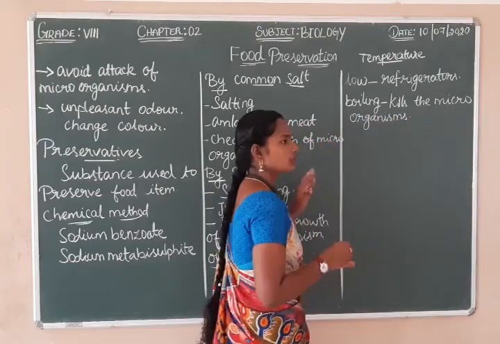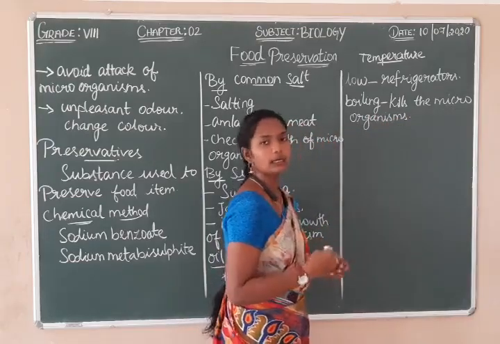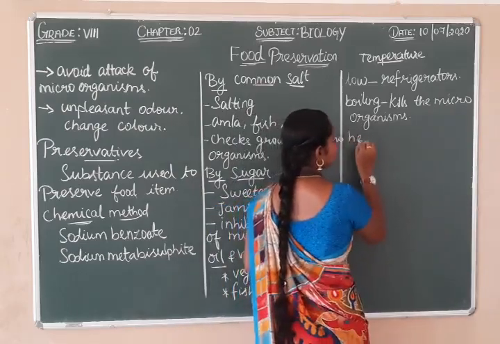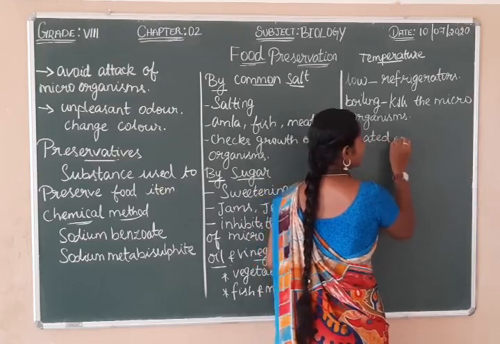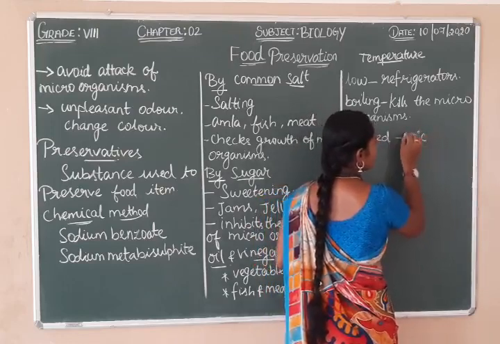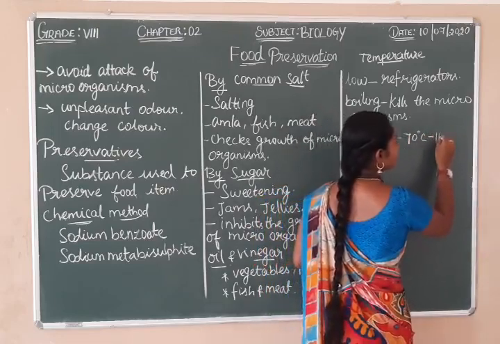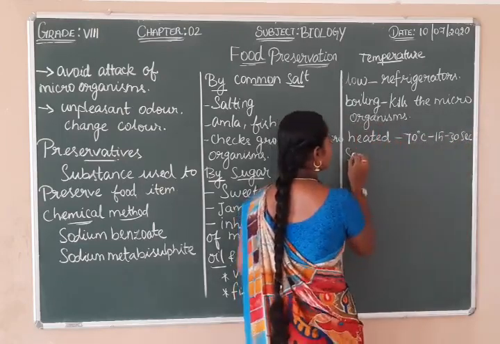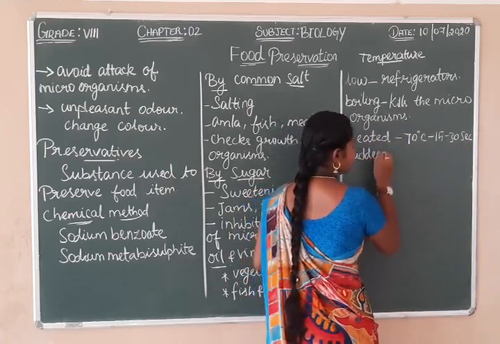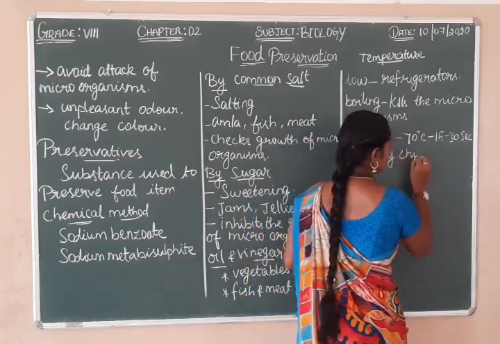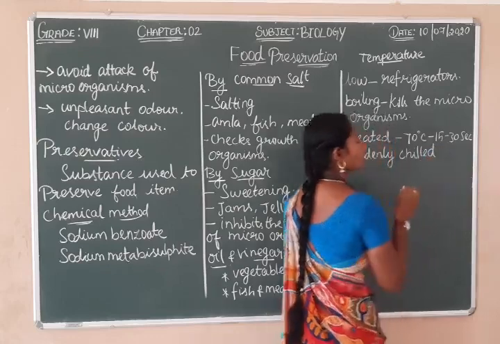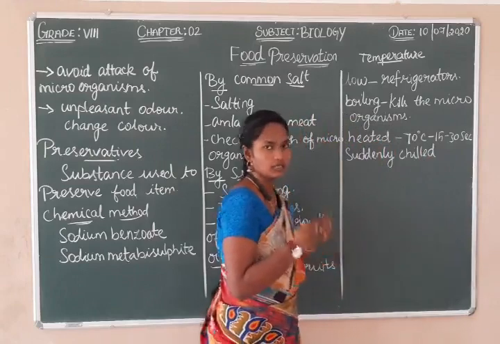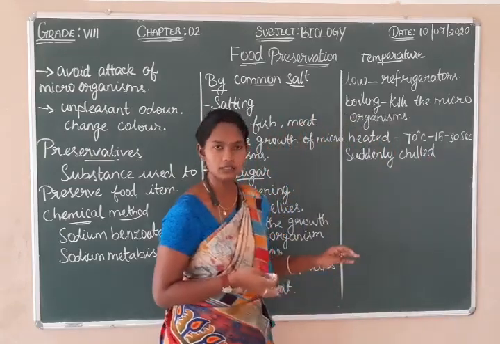This boiling process is seen in milk. Milk is heated at 70 degrees Celsius for 15 to 30 seconds, and then suddenly chilled. By this process the microorganisms are destroyed, so we can consume this milk as such. We get packeted milk at home, no?